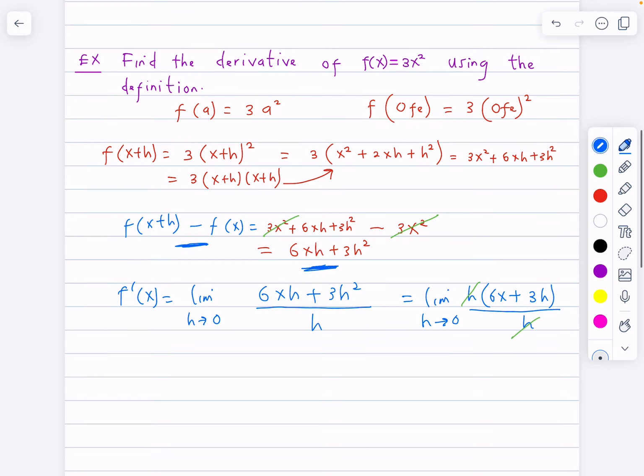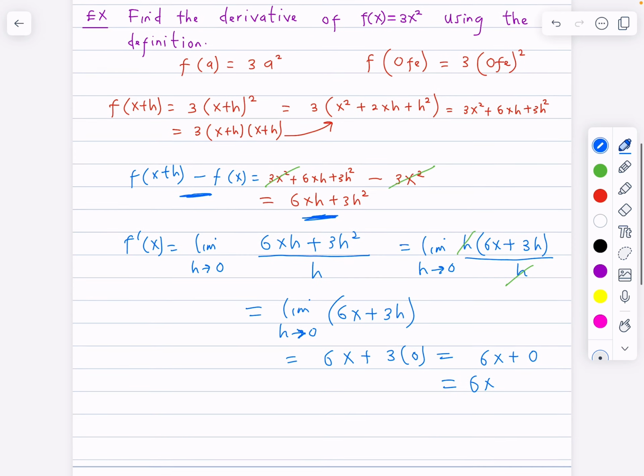I'm just going to be left with the limit as h approaches 0 of 6x plus 3h. And this is a polynomial expression, so I can just plug in 0 for h. So I'm going to have 6x plus 3 times 0, and this is just going to be 6x plus 0, which is equal to 6x.